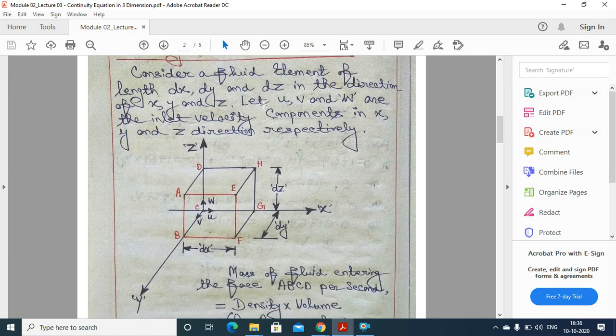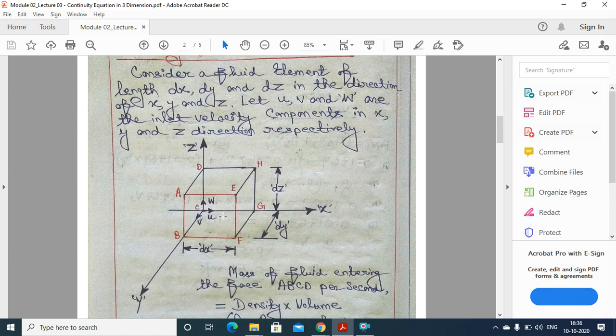Now let u, v and w be the inlet velocity components in x, y and z direction respectively. So in x direction the inlet velocity component will be u, in y direction it will be v, and in z direction it will be w.